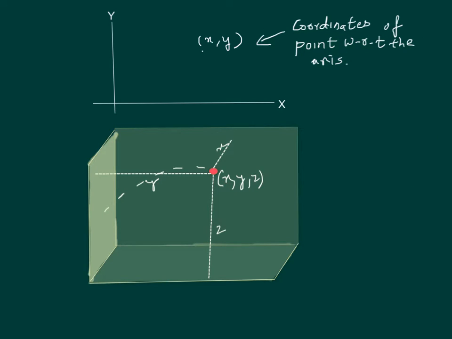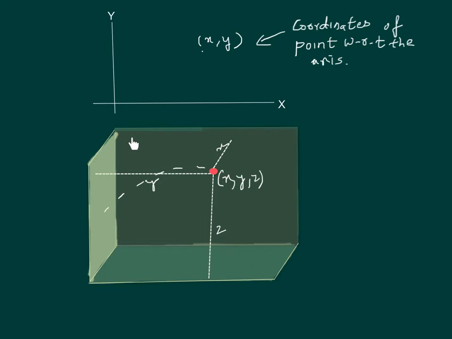To understand the coordinate planes, let us remove the two walls, that is the front wall and the side wall, from this room so that we can see the three planes which are mutually perpendicular to each other.